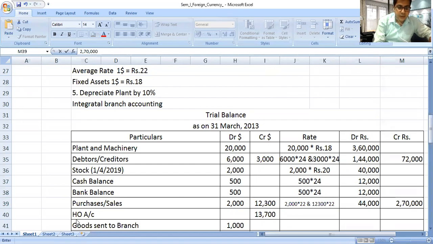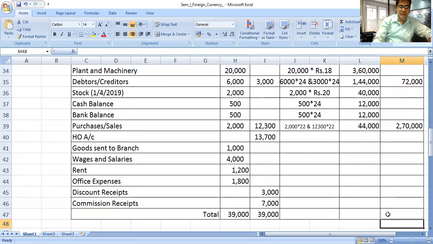Then after that, head office account 13,700. The head office account we will record on the liability side. It is capital. Which rate do we have to consider? No need to find out the rate, because it is already available in our adjustments.